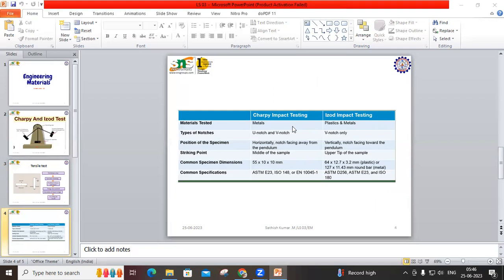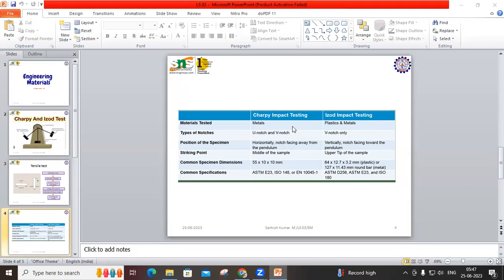ASTM E23 is used for the Charpy impact test, and ASTM D256 is used for the Izod impact test. Whenever we take students to the lab for this test, everyone is amazed seeing the rocking speed of this arm in the Charpy and Izod impact tests.